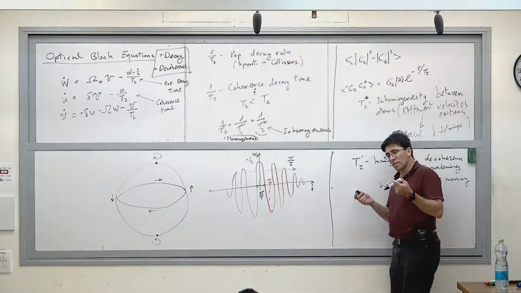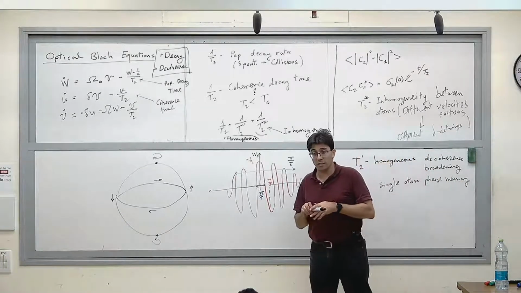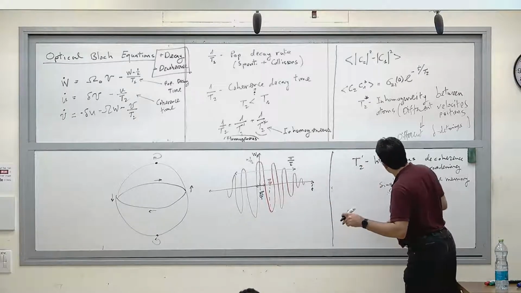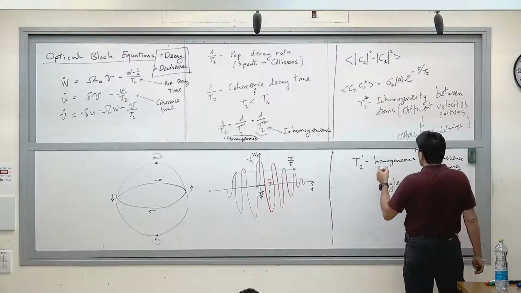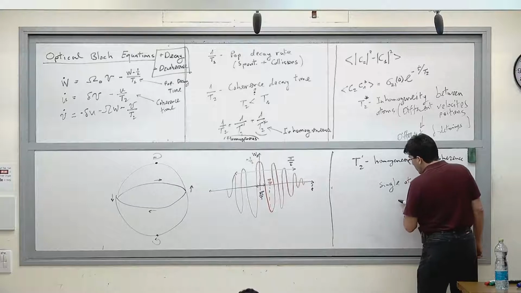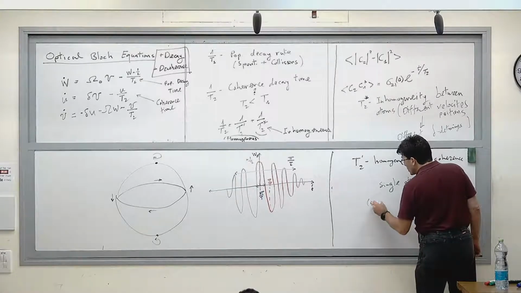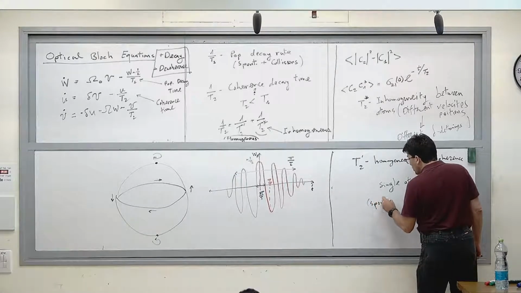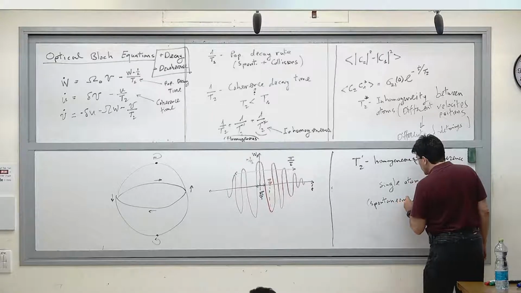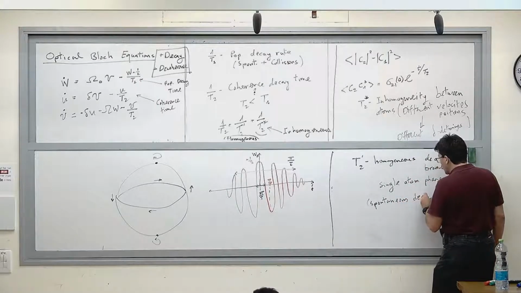Now, of course, this is limited by spontaneous lifetime. So what are the sources of this? This would be spontaneous decay, which is the ultimate limit for this.